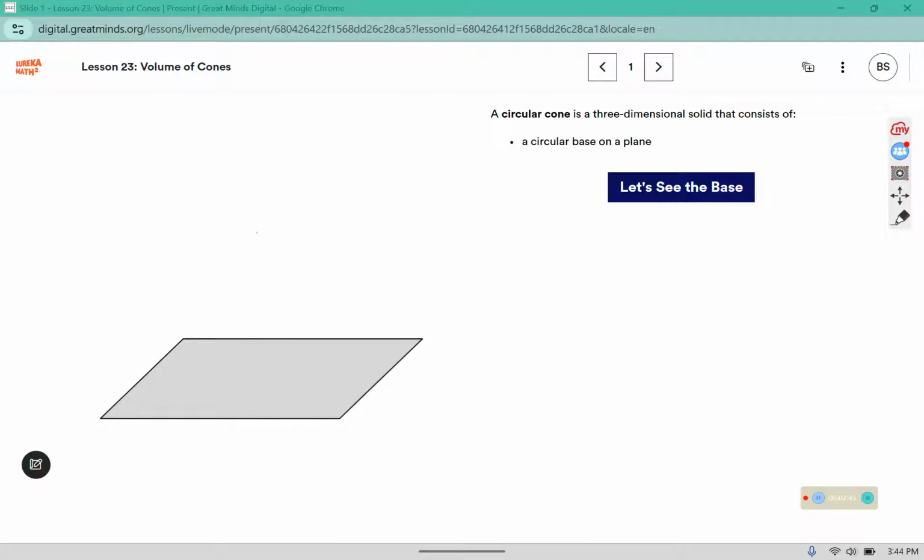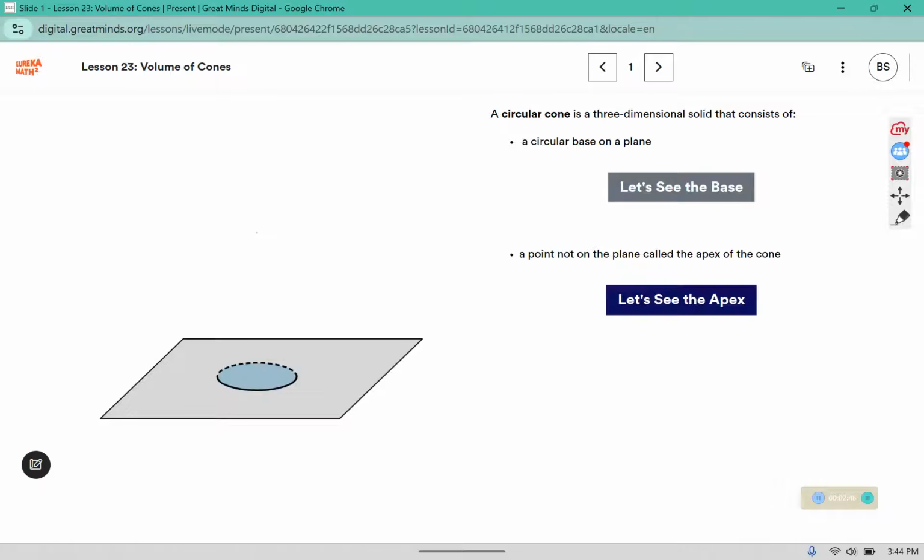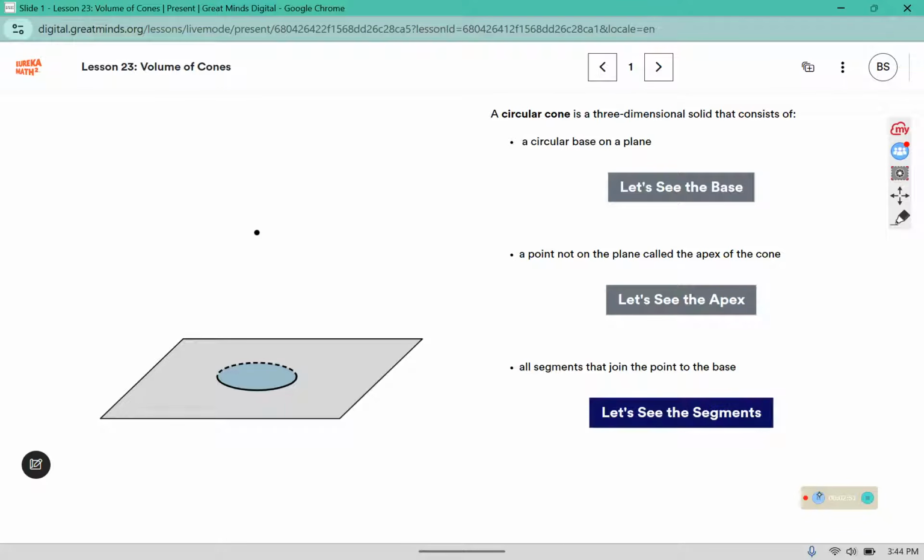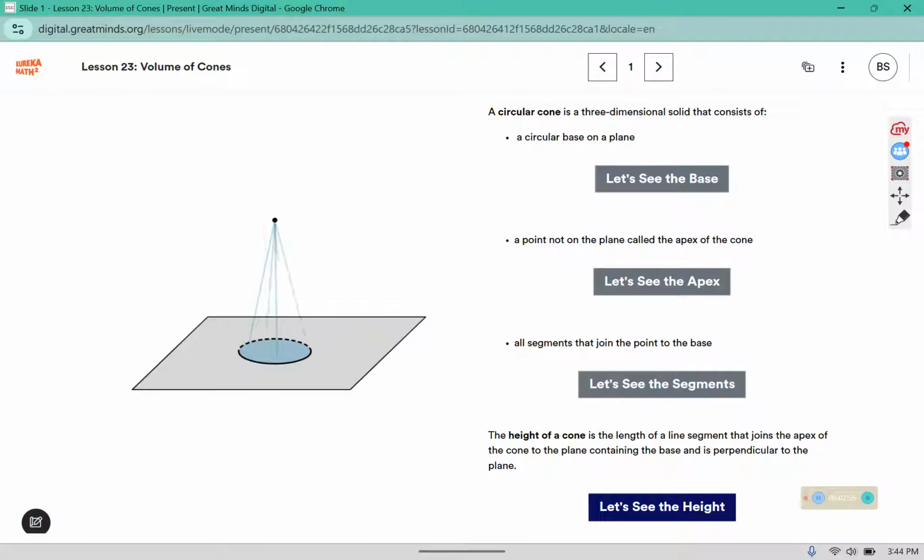A circular cone is a three-dimensional solid that consists of a circular base on a plane and a point not on the plane called the apex of the cone, and all segments that join the point to the base.